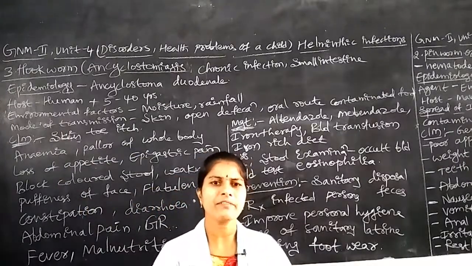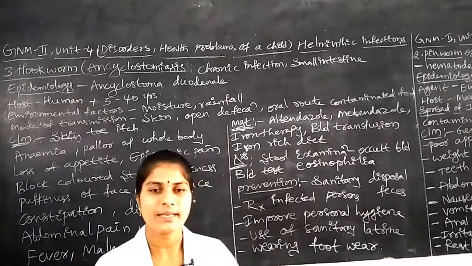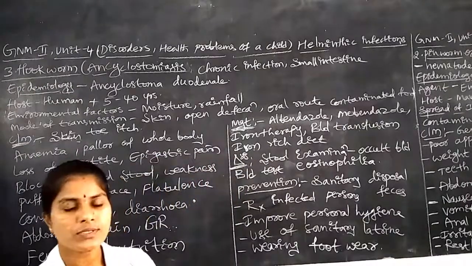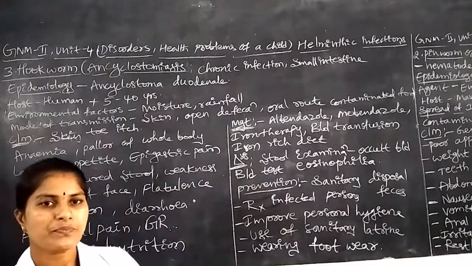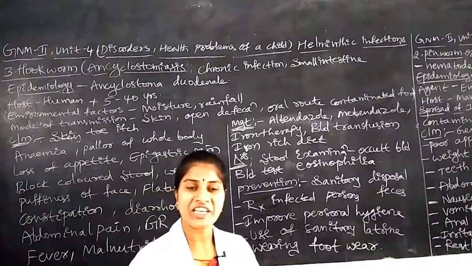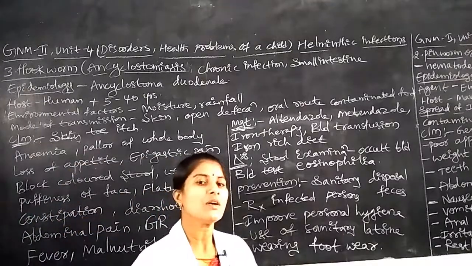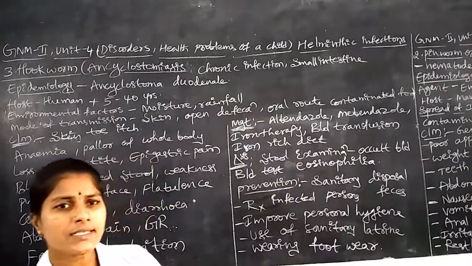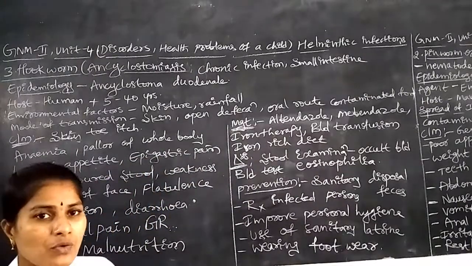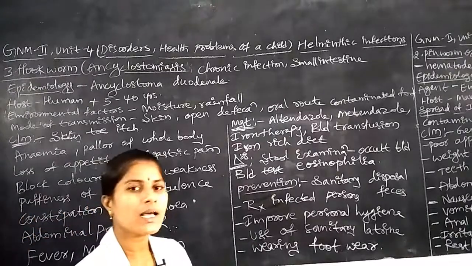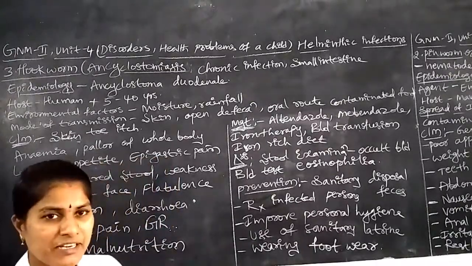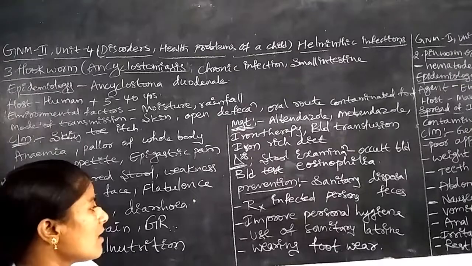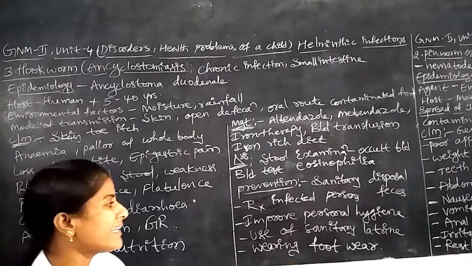This is the better way for improving personal hygiene. Clothes should also be washed neatly. Next, don't share clothes, or don't use one cloth for 2 children. When we follow these types of preventive measures, we reduce the problem of infection in children.